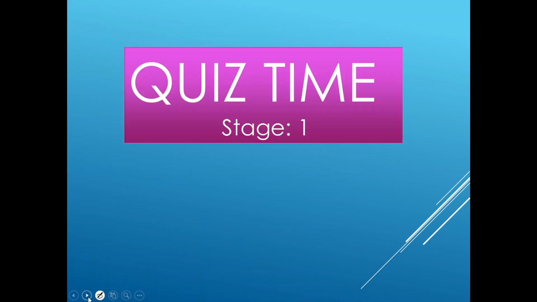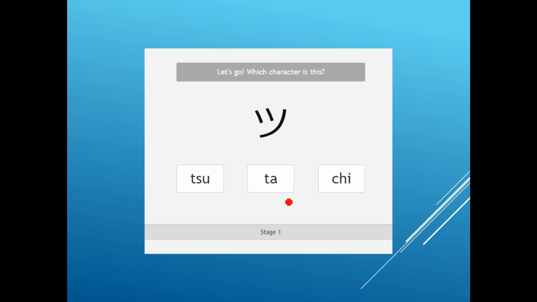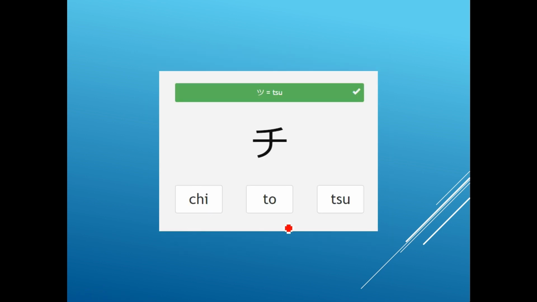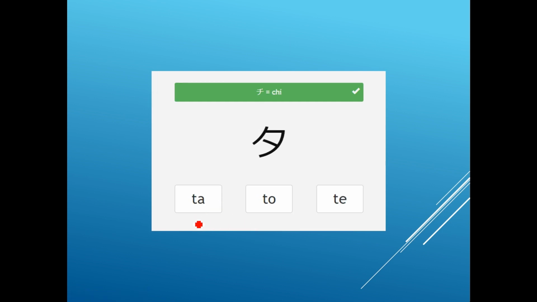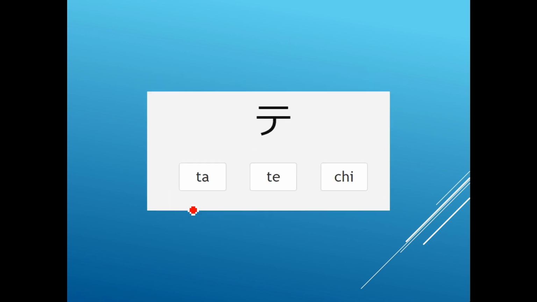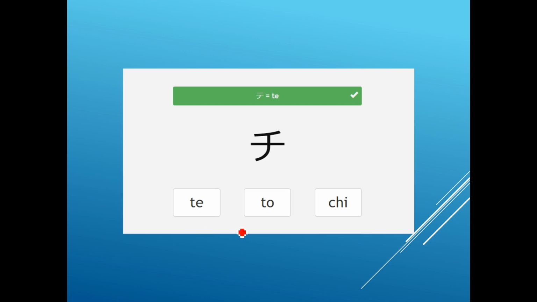Let's have a small quiz on this. Quiz time, stage 1. This is tsu, ta, chi. What is this? The difference between shi and tsu is, alright, so this is tsu. This is chi. This is ta. This is the electric pole, telephone pole, te. This is chair, chi.